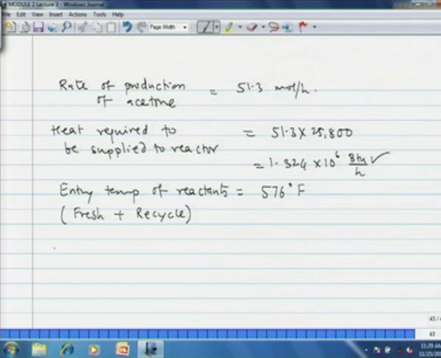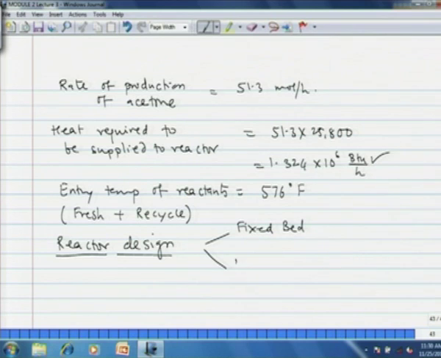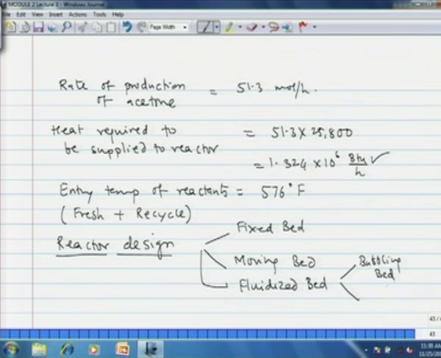How does the reactor heat load influence the reactor design? Okay. If the reaction is a catalytic reaction, then we have options of having a fixed bed reactor, a moving bed reactor, a fluidized bed reactor, and in fluidized bed there are modes of operation like bubbling fluidized bed, or circulating fluidized bed.